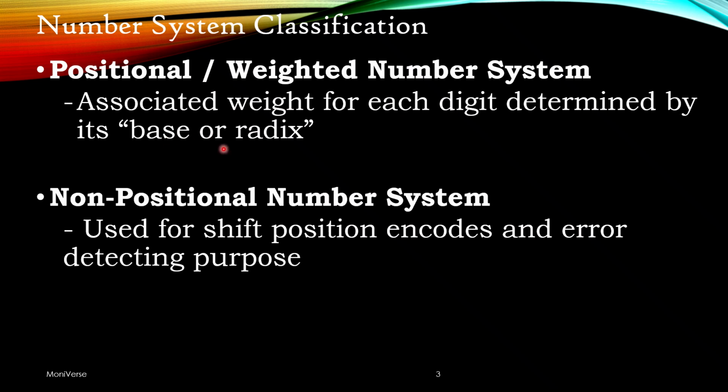For example, when we consider the decimal number system, deci means 10, right? So this number will be given the weight based upon the base, which is 10. And the non-positional number system is generally used for shift position encodes and for error detecting purposes. So we can see it in later lecture videos.